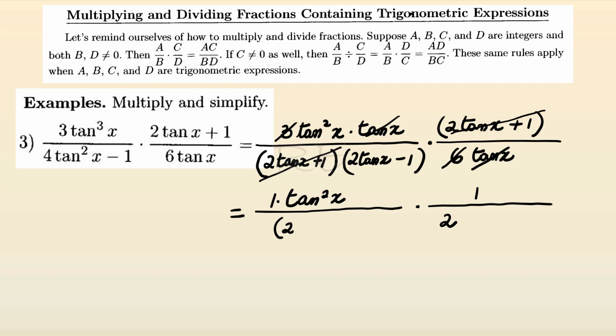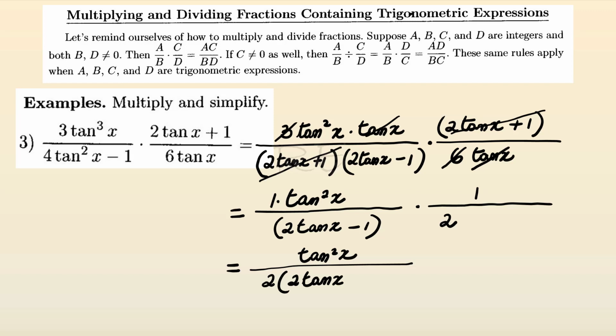And we are left with 2 tan x minus 1. Now, everything is reduced. We can multiply them together. tan squared x divided by 2 times 2 tan x minus 1.